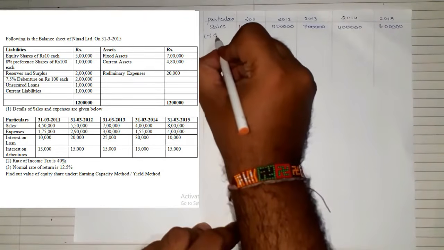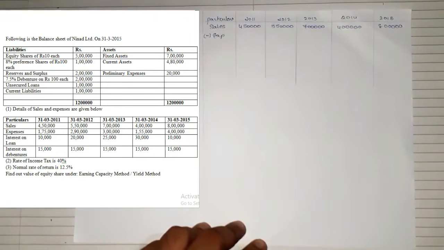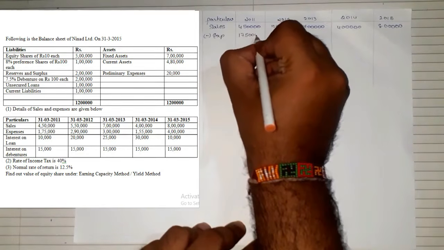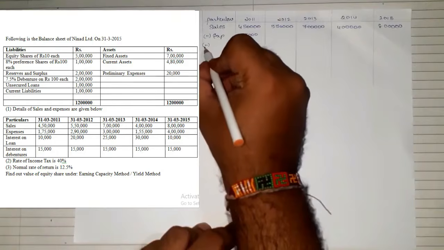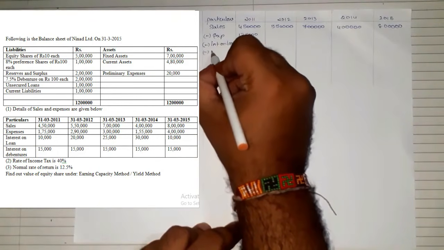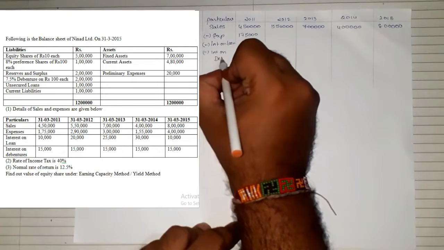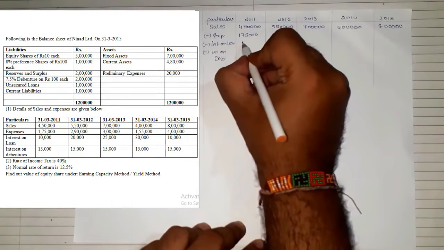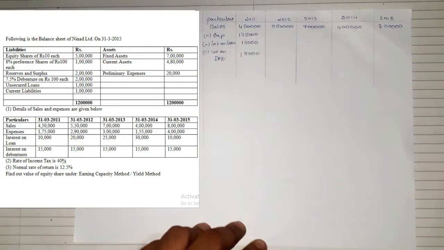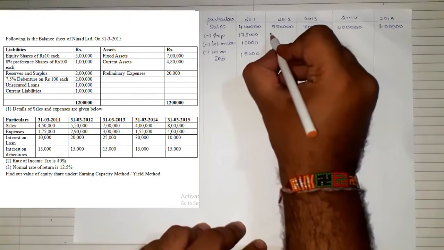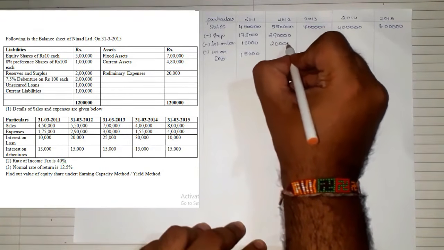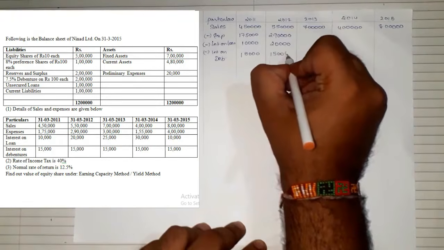From that, we have to deduct all our expenses. Now they are giving you expenses as 1,75,000. We also need to deduct interest on loan and interest on debentures. So for the first year, interest on loan is 10,000 and interest on debenture is 15,000. For the second year, it is expense of 2,90,000, 20,000 and 15,000.